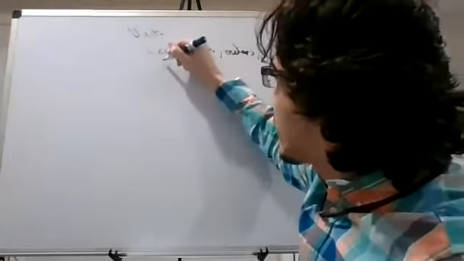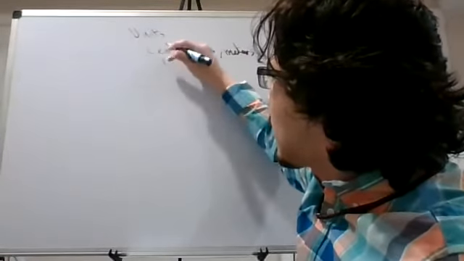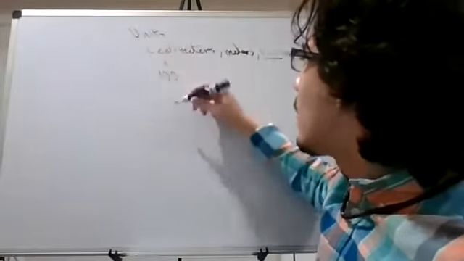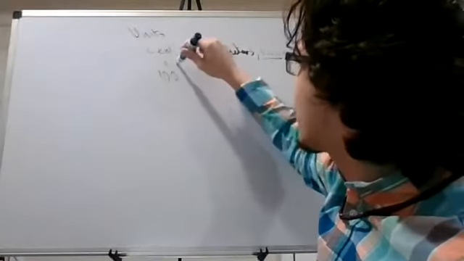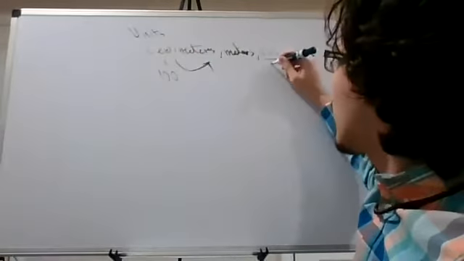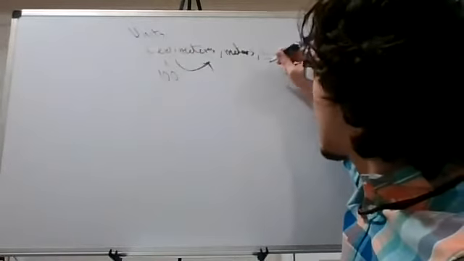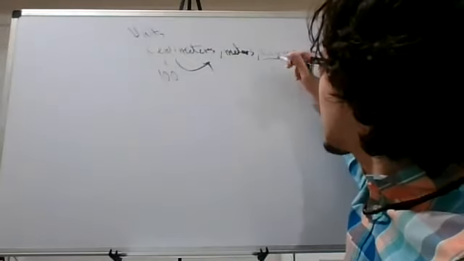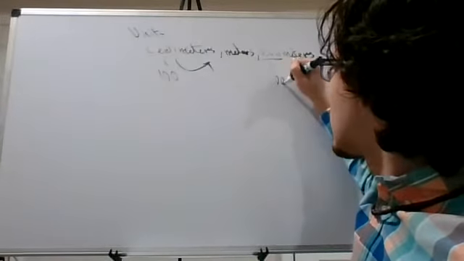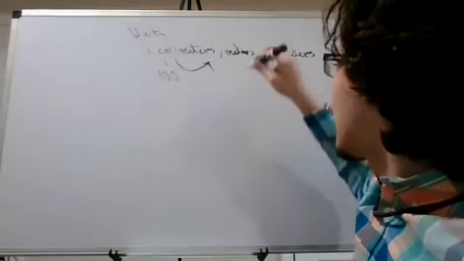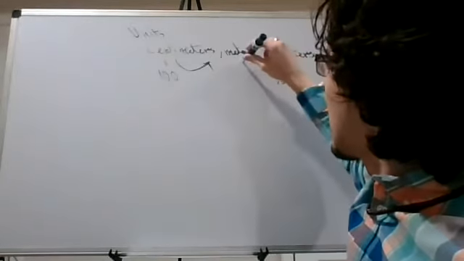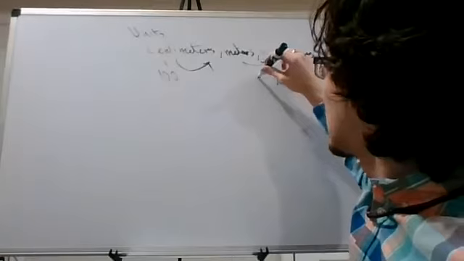So a centimeter, we saw, because centi means 100, that there are 100 centimeters in a meter. We also said that kilometers, the prefix kilo, means 1,000, and that there are 1,000 meters in a kilometer.